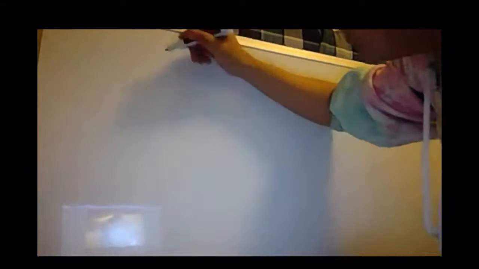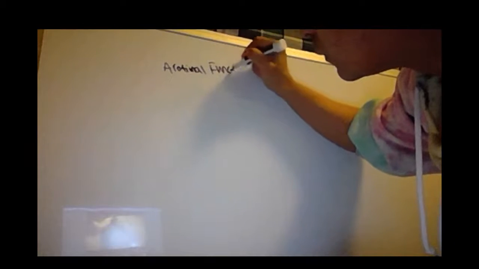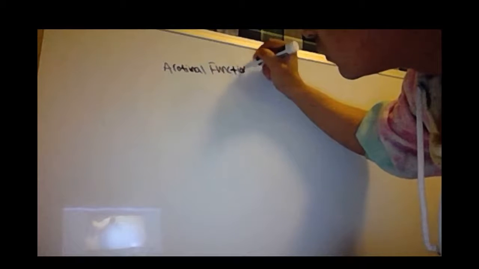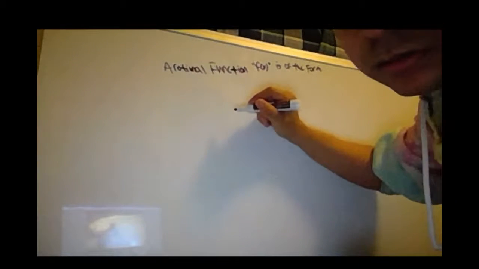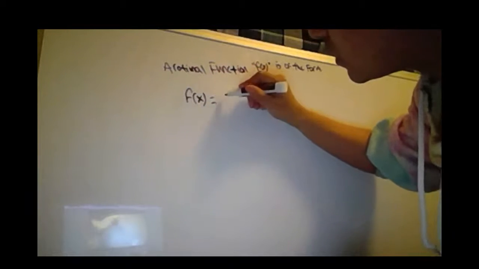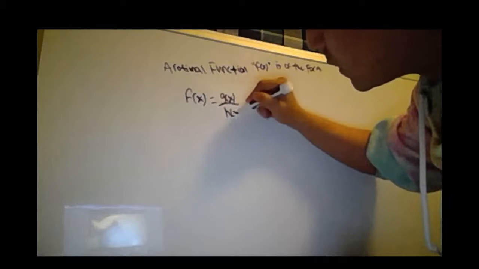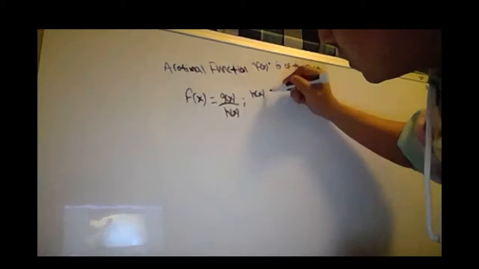If you have a rational function, any rational function f of x is of the form f of x equals g of x over h of x, such that h of x does not equal 0.